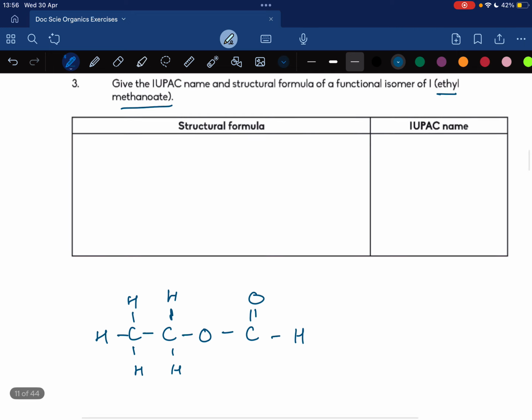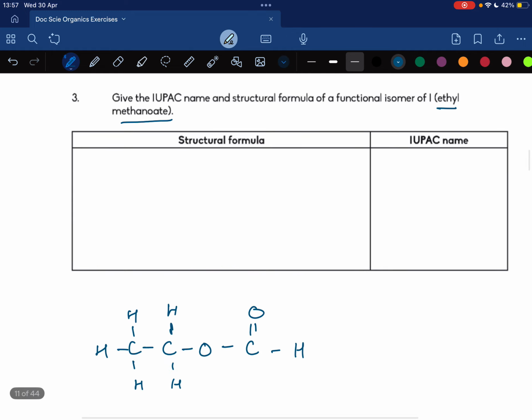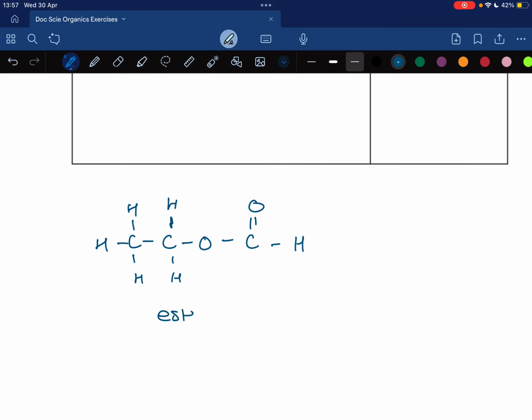Now it says I need to move the functional group so that I have a functional isomer. The only way to do it is to move this O and this O, single bond O, double bond oxygen, to the end. If you're going to change the functional group, it must be between a carboxylic acid and an ester. So if I have an ester, I'm going to have to change it to a carboxylic acid.